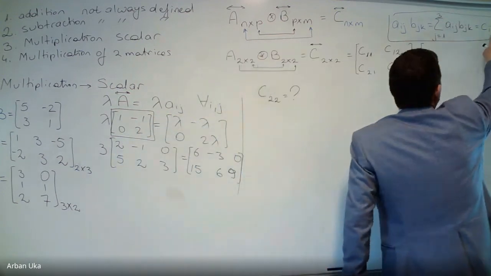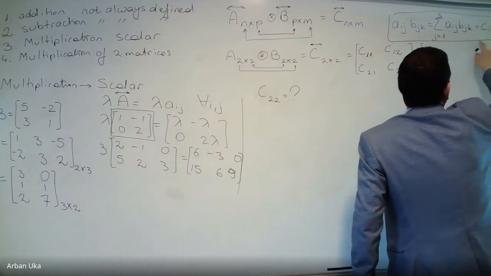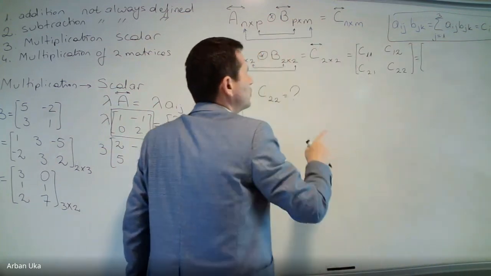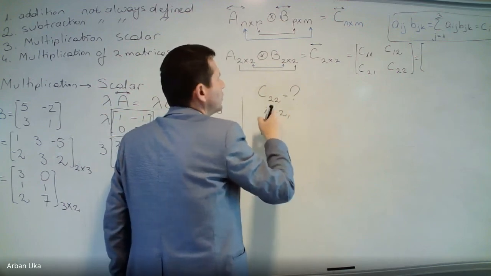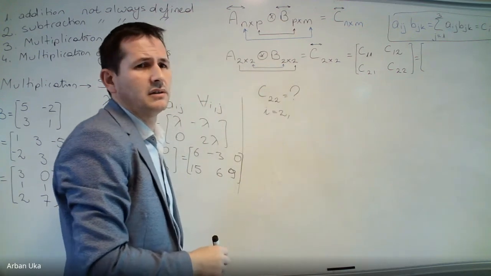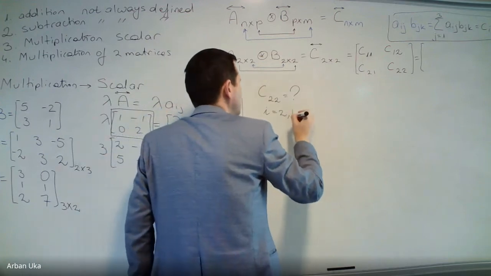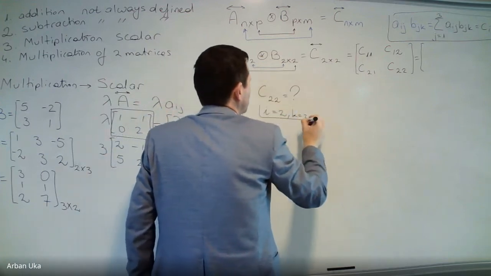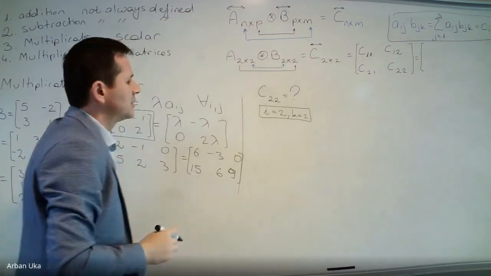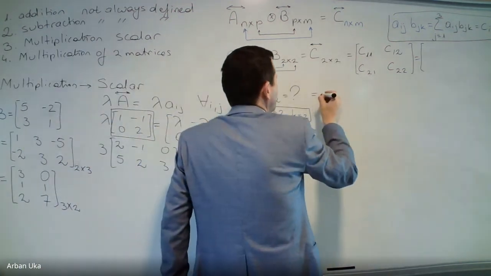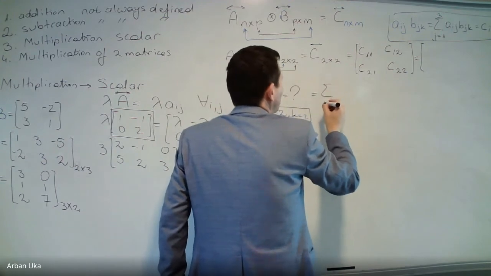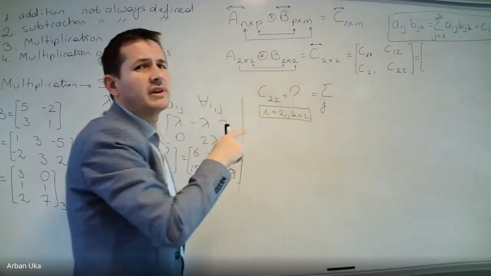For C22, let's use this expression. I is equal to 2, so let's not forget I is equal to 2. And what is K? K is equal to 2. So we start with this. This is equal to the summation over all the possible values of j.